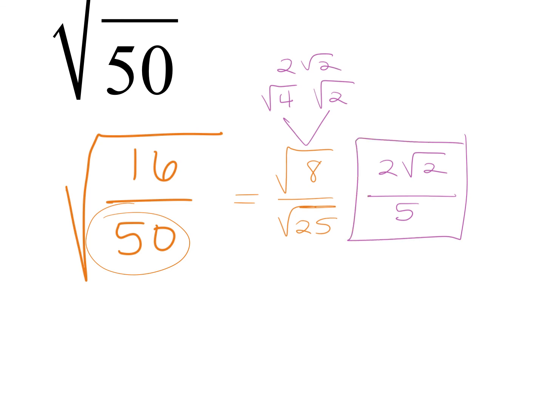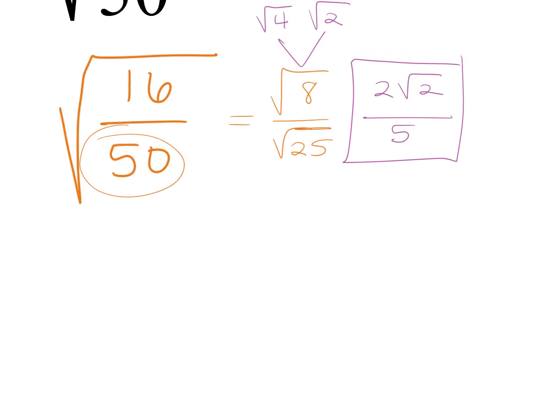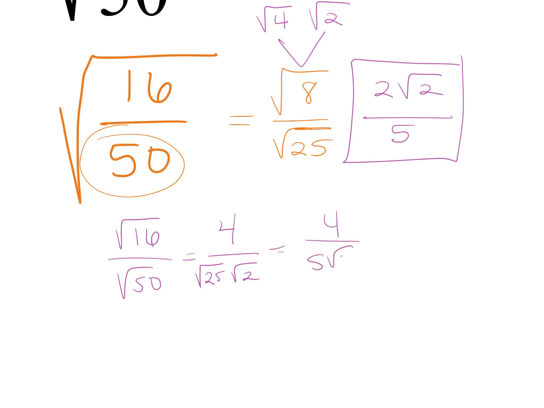If you do it the other way, it will work. Do you want to see it the other way? Or are you good? I'm just going to show you. If I took the square root of 16 over the square root of 50, okay? This is 4. This is the square root of 25 and square root of 2. So this is 4 over 5 rad 2. And now you have work to do still, right?